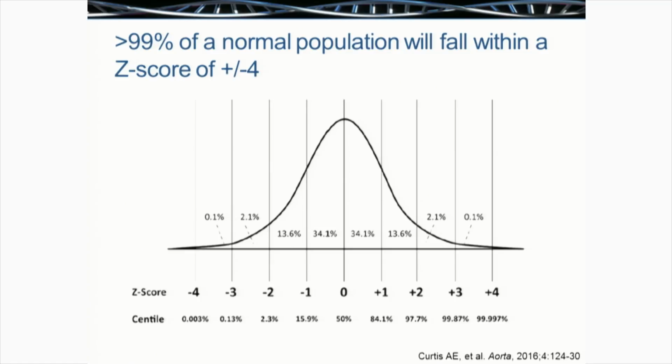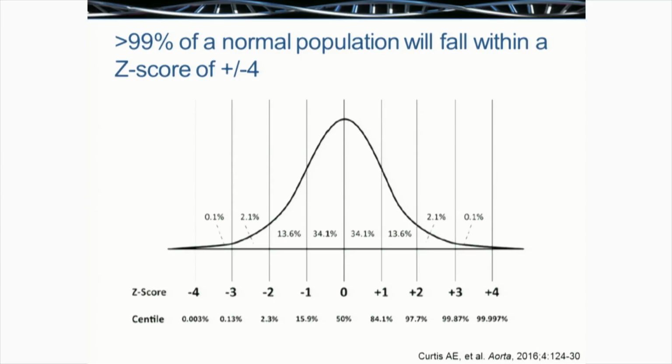Statistics. I'm going to show you some data, and we have to talk about Z-scores. The Z-score is a representation of the standard deviation of a sample relative to a population. I'm not going to show you any equations. As soon as you show equations, people's eyes glaze over more than they normally would at 4:05 on a Wednesday afternoon.